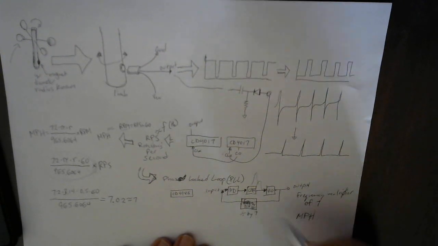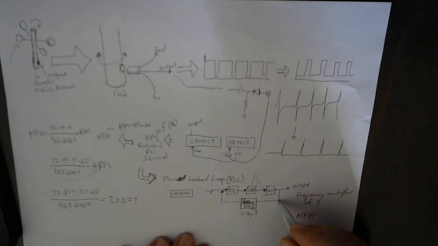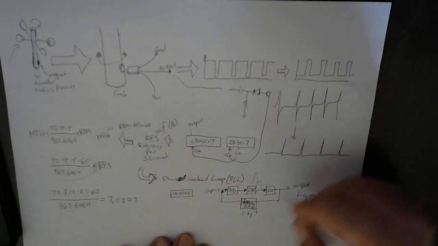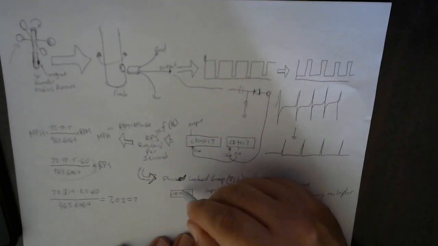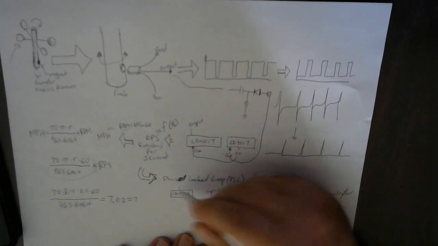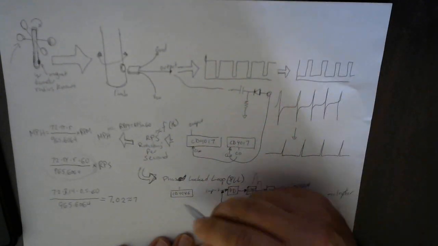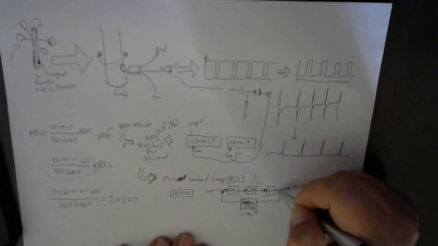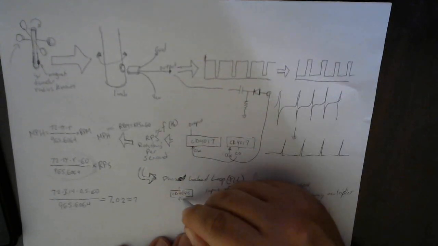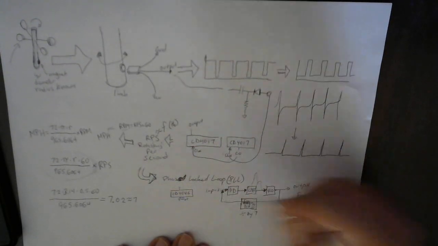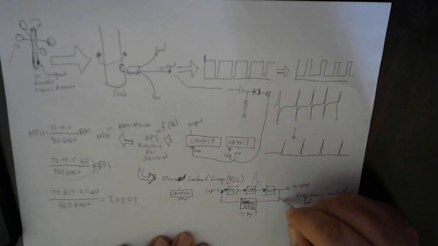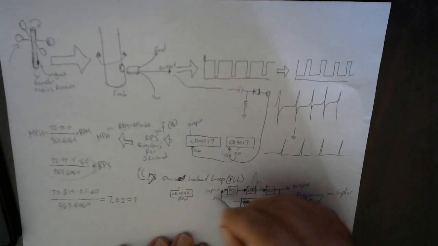Well, there is a pin on this: there's an input pin, there's an output pin, and then there's a VCO out pin. So this is VCO out, and this is VCO in.